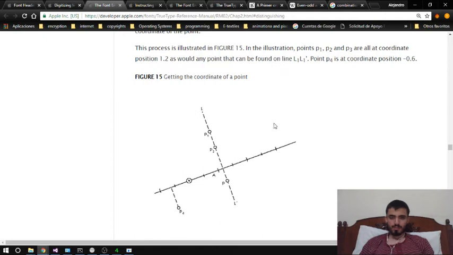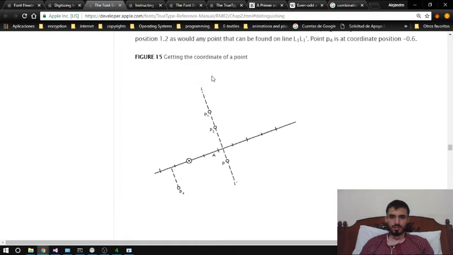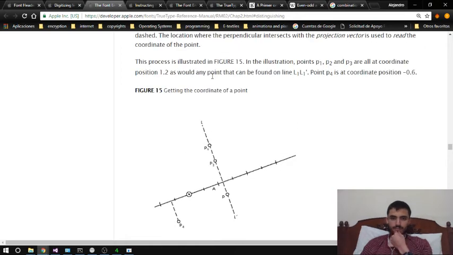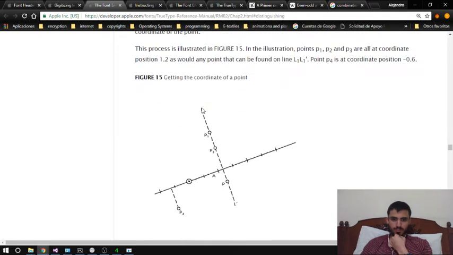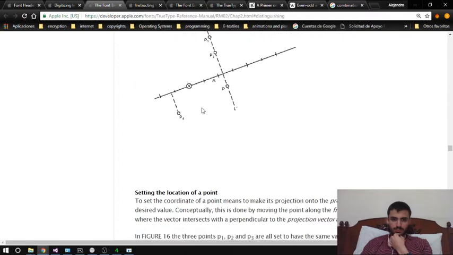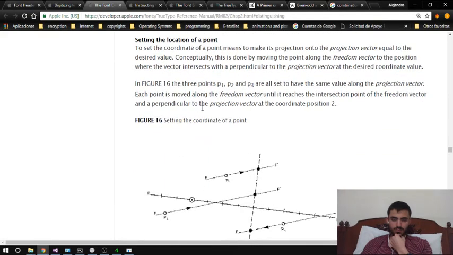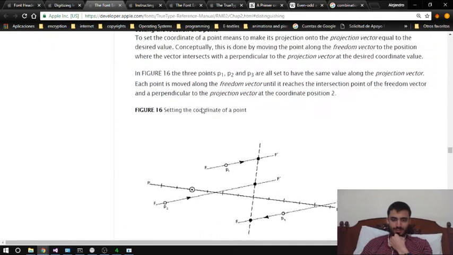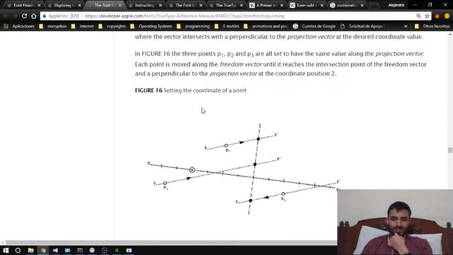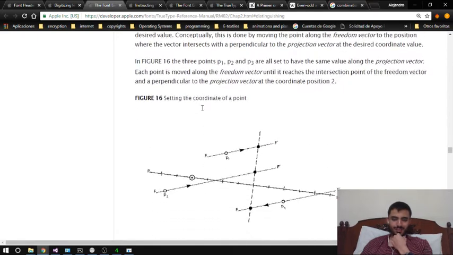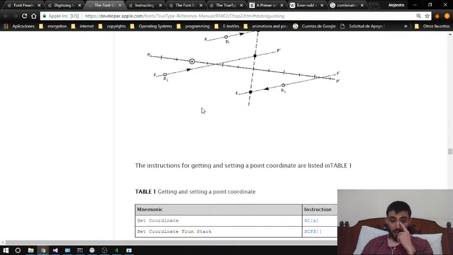Point P4 is at coordinate position minus 0.6. And these drawings suck, man. They don't tell the whole information.